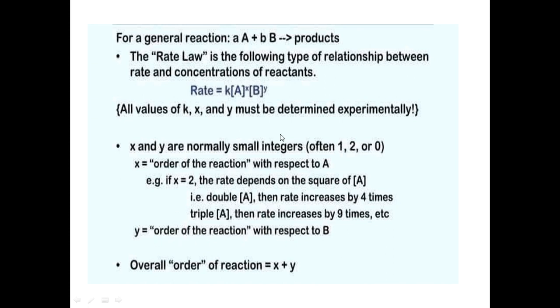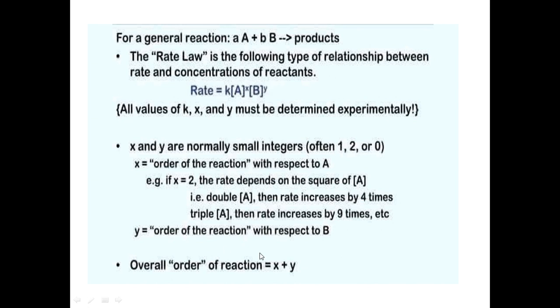Now, the overall rate or order of this reaction is found by adding the orders of A and B, X and Y. So let's say X is 2 and Y is 3. Then the overall order of this reaction is 2 plus 3, which is 5.